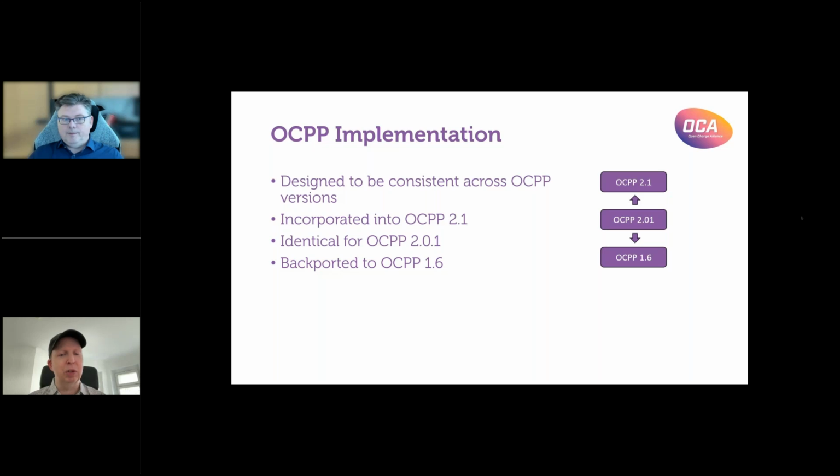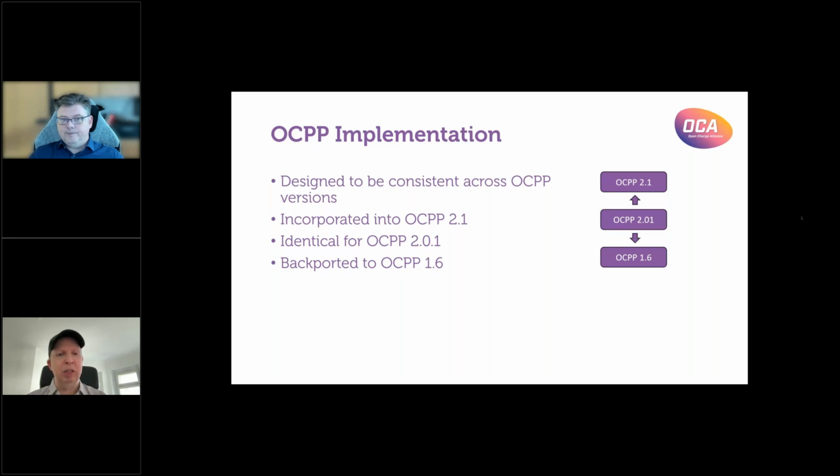Charging station manufacturers will typically use the same device model for 2.0.1 and 2.1, at least that was what we expect. And then it doesn't matter whether you add the things that we specify here to OCPP 2.0.1 and then later implement 2.1, or whether you implement 2.1 at some point, you will also have it in 2.0.1. So you only have to implement it once, and then you will have it in both 2.0.1 and 2.1.